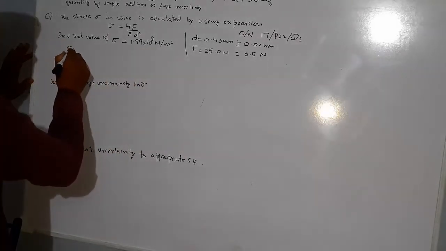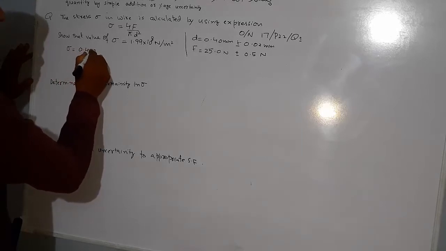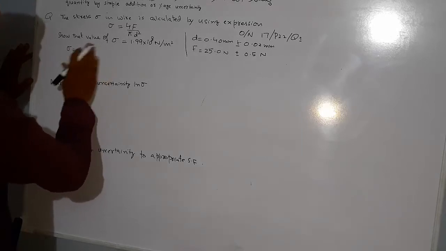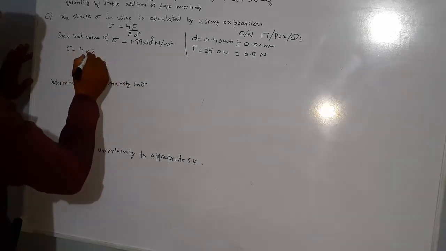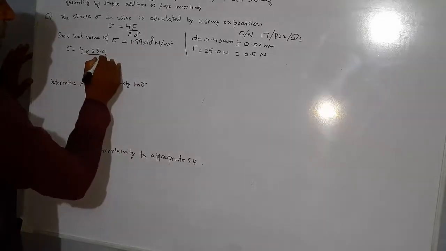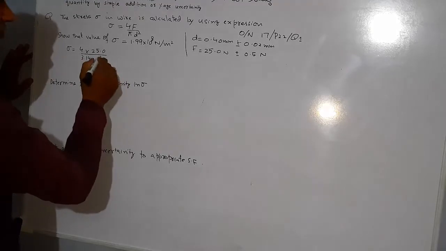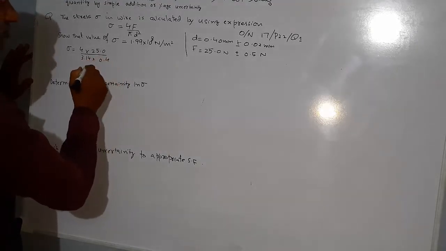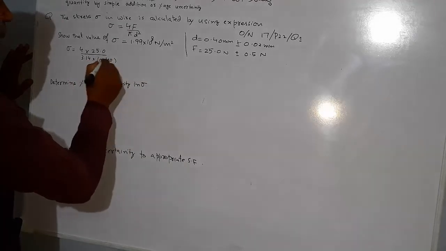So sigma, according to the values, is 4F, where F is 25.0, over pi, which is 3.14, multiplied by d square, that means 0.40 squared.